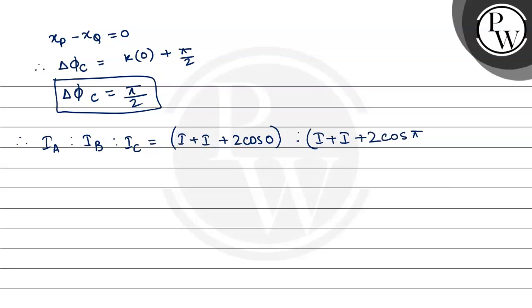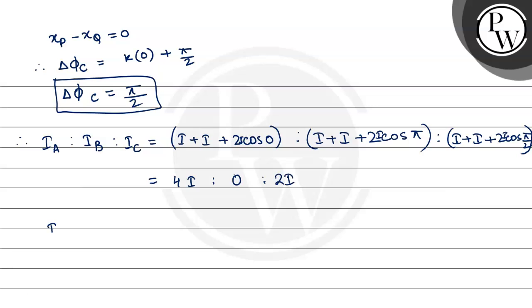For A, delta phi is 0, for B delta phi is pi, and for C delta phi is pi by 2, where the cos term is zero. Here the amplitude term is I each time. So for A it is 4I, for B it is 0, and for C it is 2I.